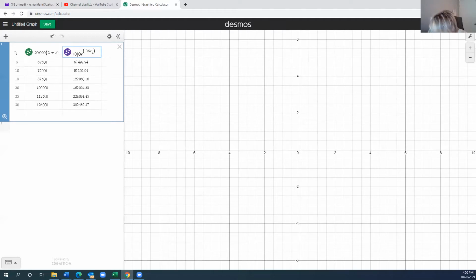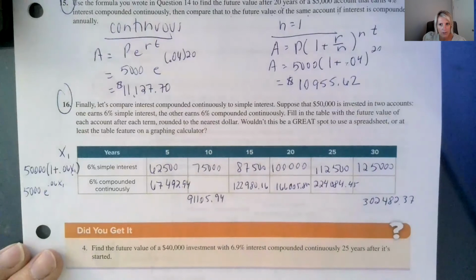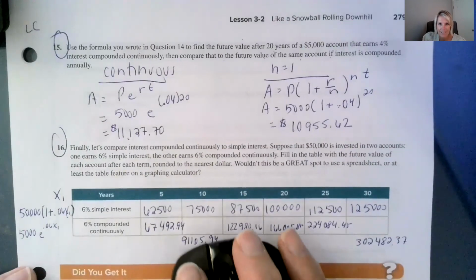So yeah, go ahead and get those copied into your table so that you've got them in. Wow, a lot more. So that concludes our lesson 3.2, and catch me back for lesson 3.3. Have a great day.